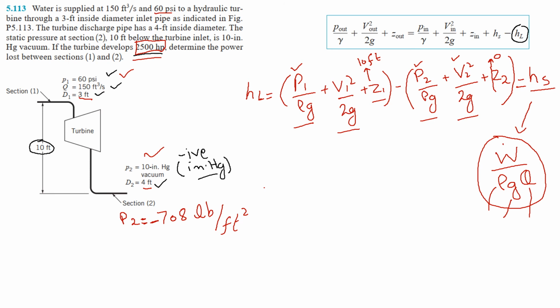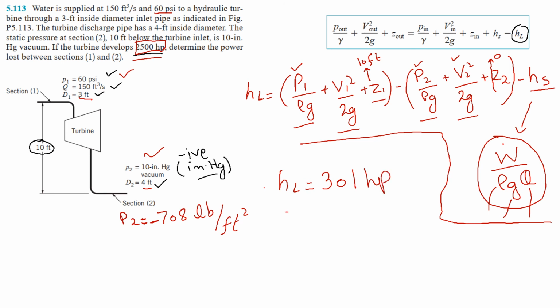So we will get our value for shaft work head. So by putting all these values and solving it for our losses, we will get our losses equal to 301 horsepower. So in this case, we were required to find these losses, and this will be our final answer in horsepower.